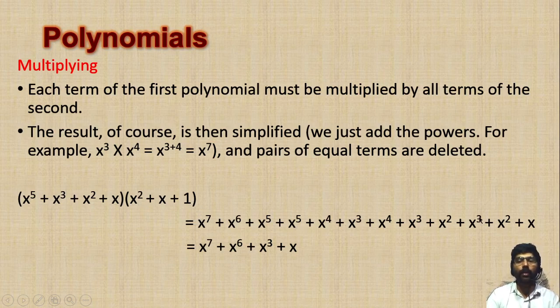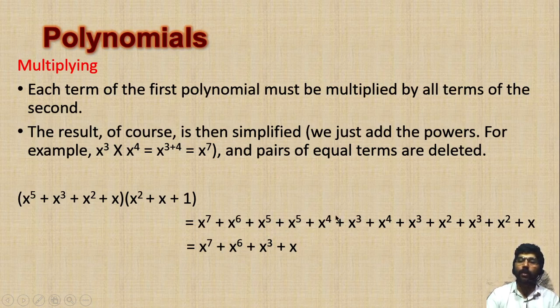Like that the process continues up to multiplying x by 1. We have to multiply each term of the left side with each term of the right side. You get a lengthy expression this way. Now we have to identify terms which have the same power. For example, x raised to 5 and x raised to 5, you have to delete these.